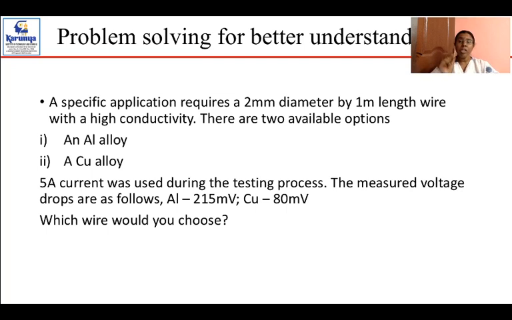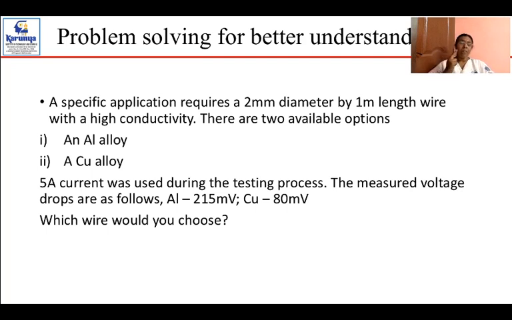So having understood a little about the conductors here, let us try to solve a problem. Just give it a try, and check whether you're able to solve it. A specific application requires a 2 millimeter diameter by 1 meter length wire with a high conductivity. So we are talking only about the conductors here.